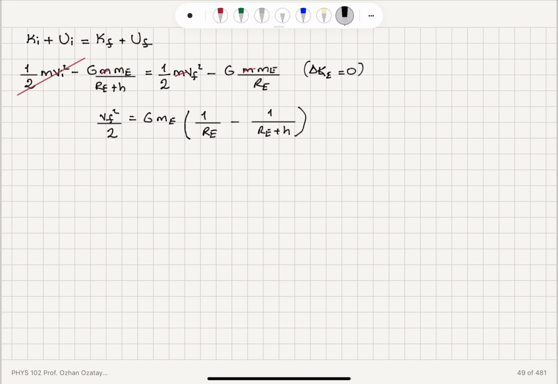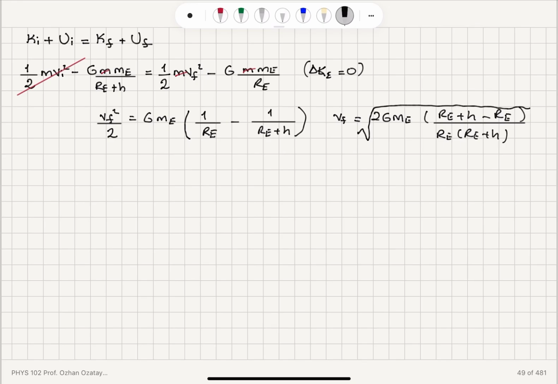So this gives me for v final the square root of 2G mass of the Earth times Re plus h minus Re, divided by Re times Re plus h.